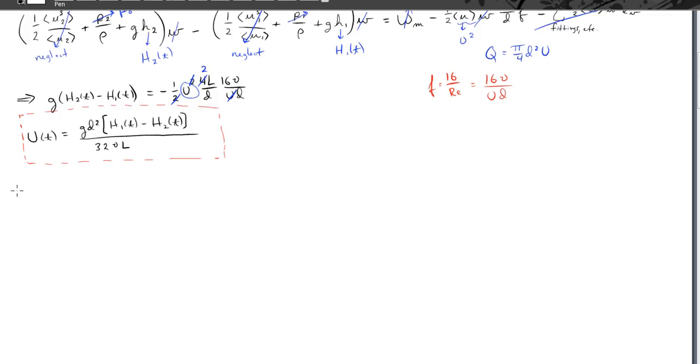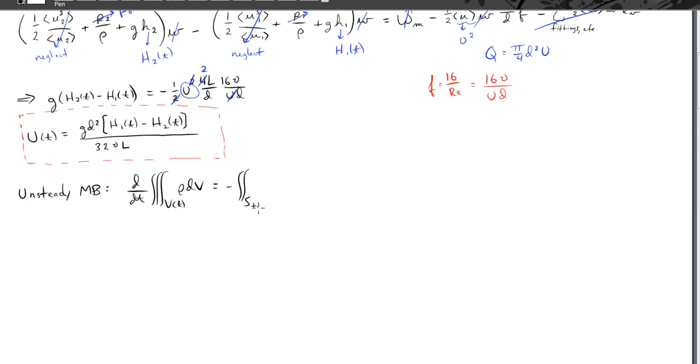Now we want to apply unsteady mass balance. So if we look at the unsteady mass balance, we have the time derivative of the total mass of fluid in the tank, integral of rho dV, is equal to minus the surface integral over various surfaces where there's inlet and outlet.